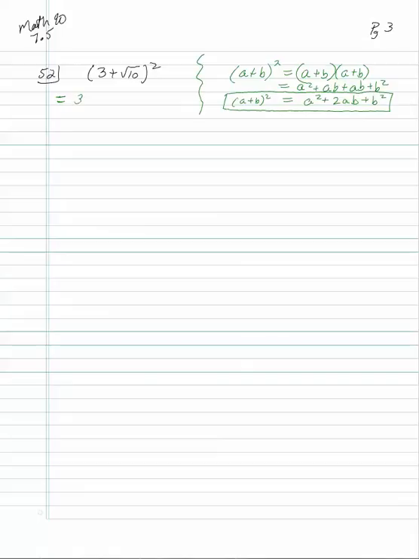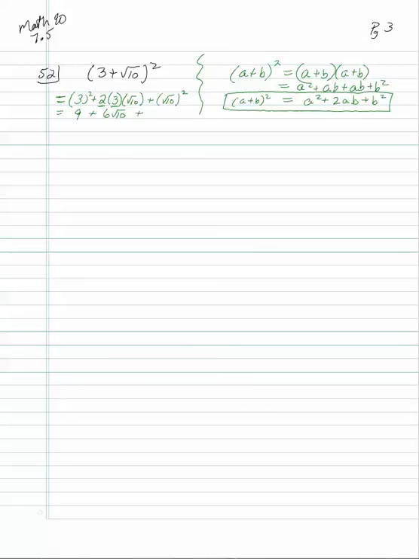So we're going to square the first term plus 2 times the first term times the second term, and then square the second term. So we're going to get 9 plus, and remember when you do multiplying numbers with radicals, you do the outside numbers with the outside numbers. So 2 times 3 is 6. And inside numbers with inside numbers. So it's just 6 square root of 10.